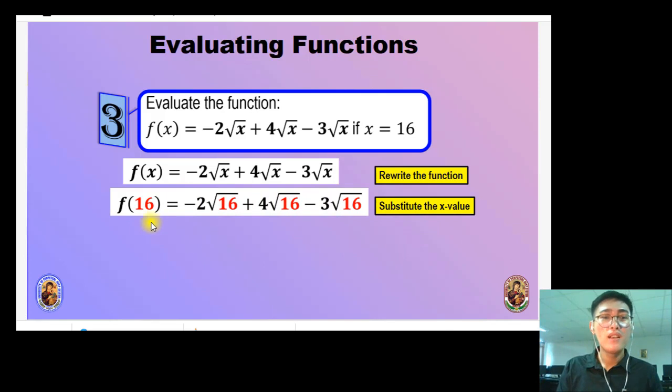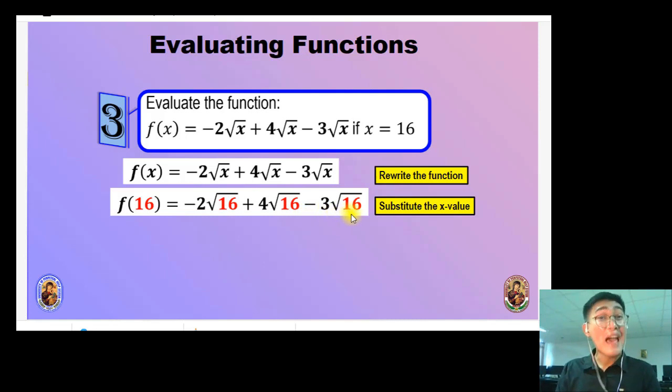That would be f of 16 equals negative 2. Next, the square root of x, that would be the square root of 16. As easy as that. Just substitution. For the square root of x, that would be 4 the square root of 16 and negative 3 the square root of 16.